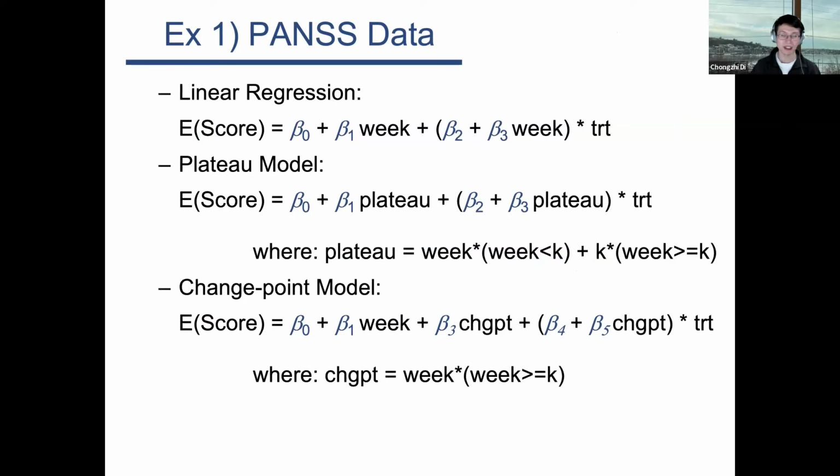In this case, you would define this variable, and we consider 4 weeks as a change of slope. Before 4 weeks, this variable is exactly the same as week, but after 4 weeks, I fix it at 4. Then you put this transformed time into your model.